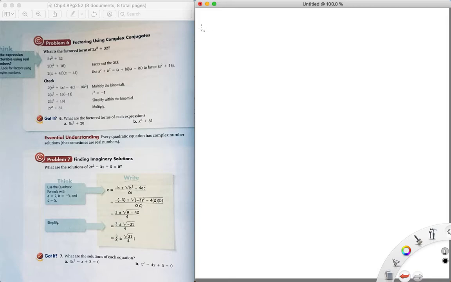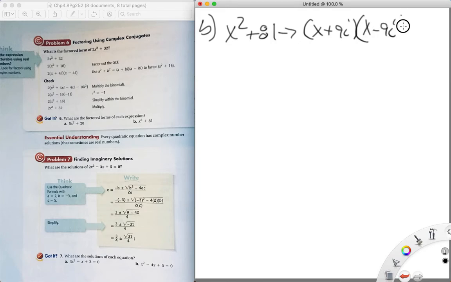When I look at b, I have x squared plus 81. Again, I can square root the 81 and get a 9, and I can square root the x squared and get the x. So I can say that this is x plus 9i times x minus 9i.